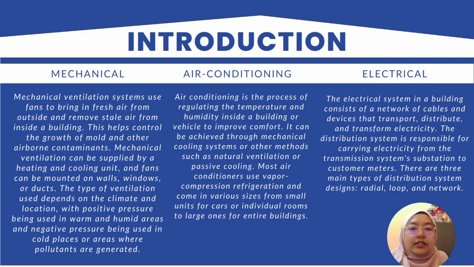For the electrical system, a building consists of a network of cables and devices that transport, distribute, and transform electricity from the source to the various loads through the building. The distribution system is responsible for carrying electricity from the transmission system substation to the customer meter and to the point of usage.